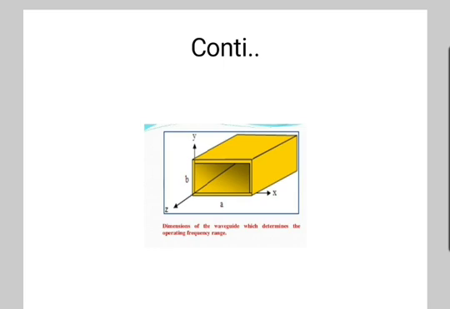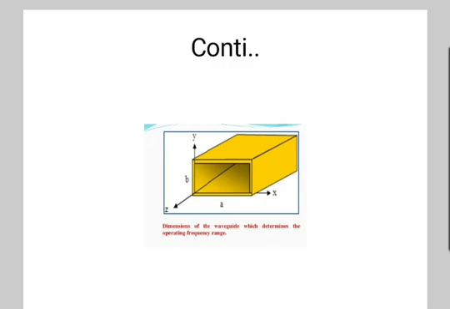Now, what is phase velocity? The wave propagates in the waveguide if the guide wavelength lambda g is larger than the free space wavelength, that is lambda 0. As the velocity of propagation is the product of lambda and f, in a waveguide it is expressed as lambda g into f.